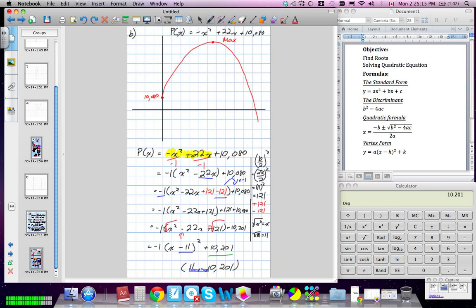So, in other words, the vertex, or the highest point of this, was at 10,201, and it's when they sell 11 units, or 11 bags, or whatever it is these guys are selling.